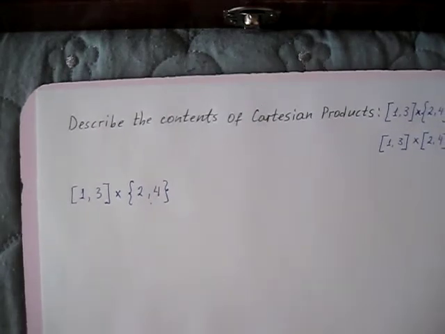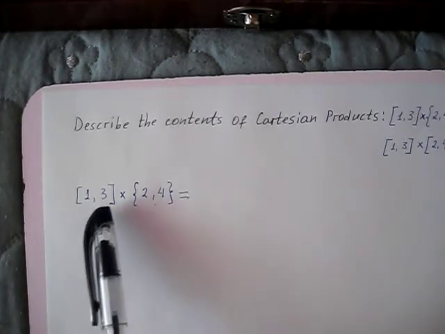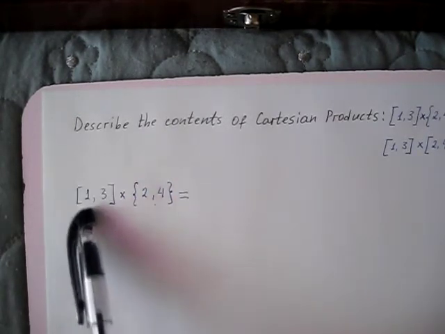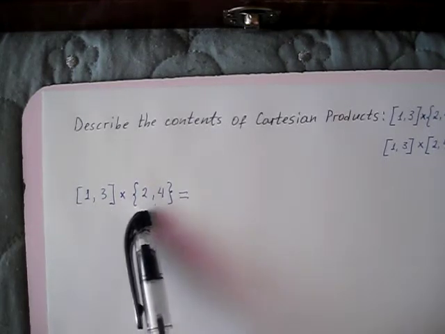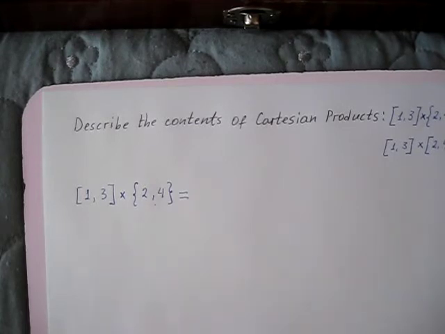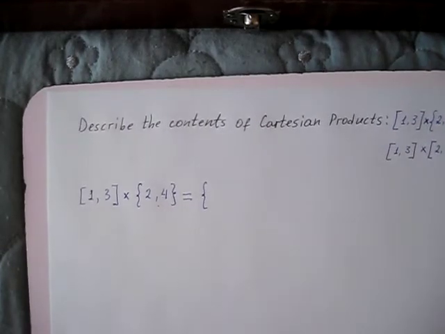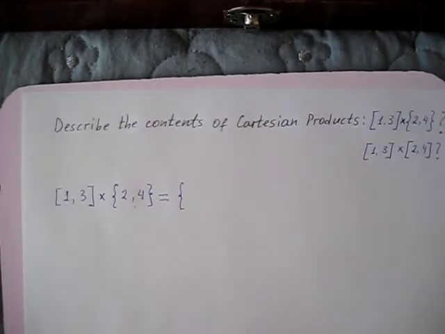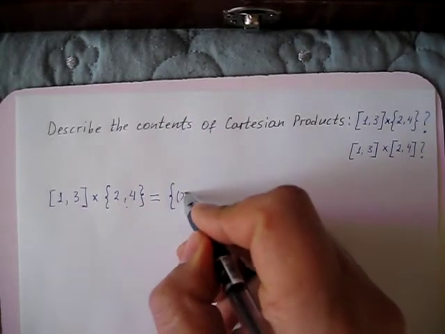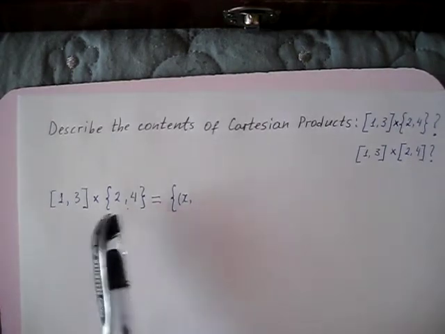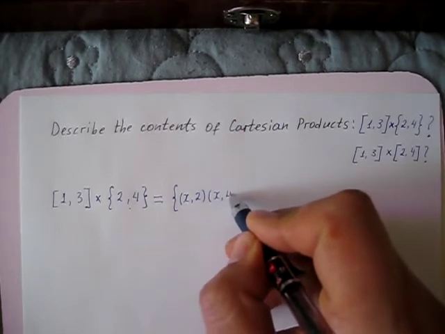Okay, so we know that here our x components will be the numbers in this interval, right? And the set will give only the y components. So we could have this kind of ordered pairs, (x, 2) and (x, 4).